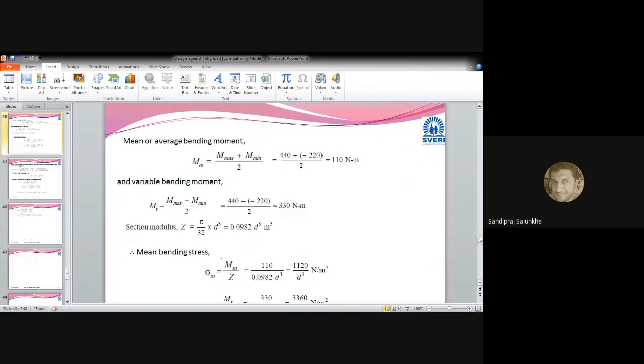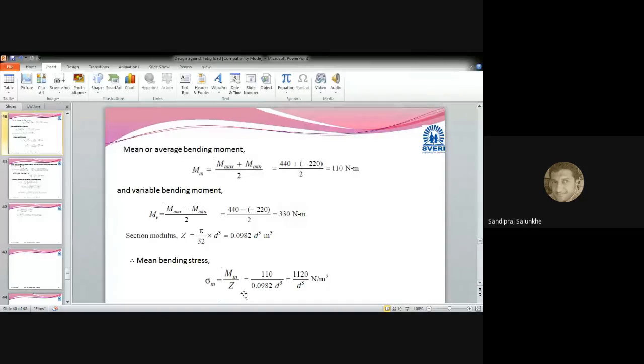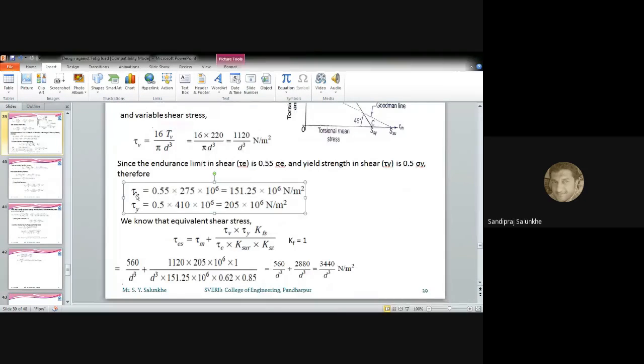Next, we have to calculate the actual endurance limit, because the endurance limit which we have calculated is the endurance limit for Moore's experiment. Then the actual one, that is Se, is equal to Ka into Kb into Kc into Kd into Ke into Kf into Se dash. Likewise, this Se dash we have calculated, or tau e dash we have calculated.